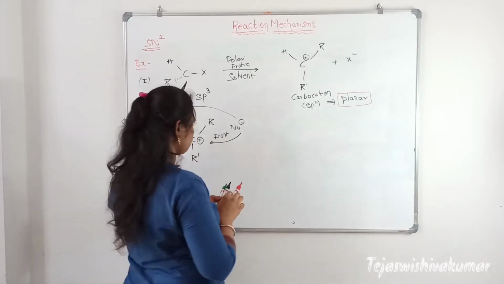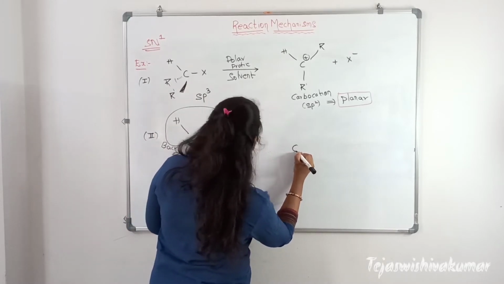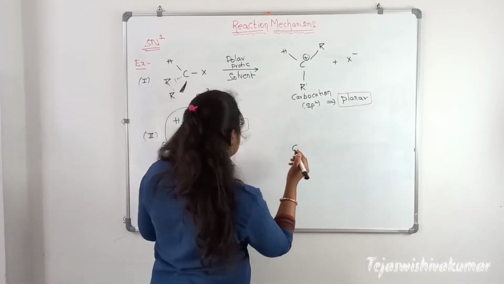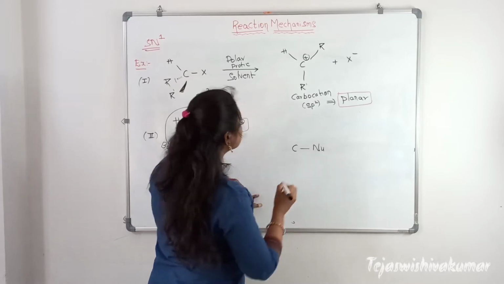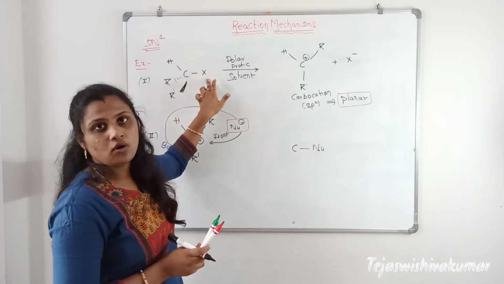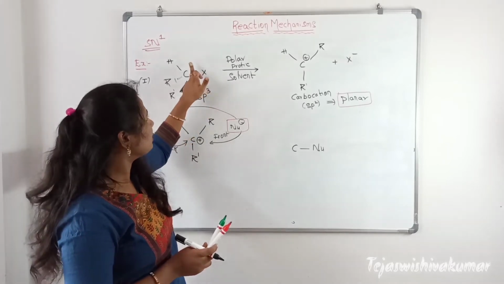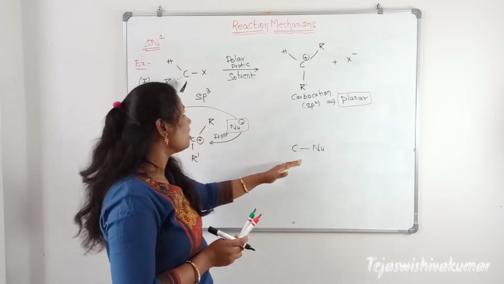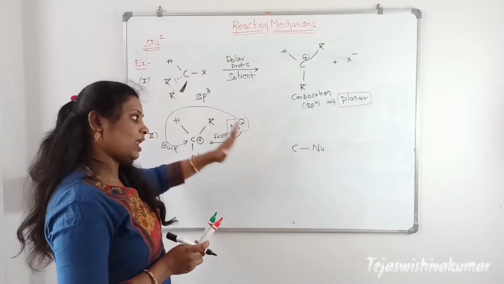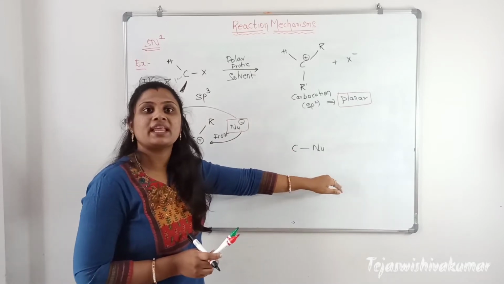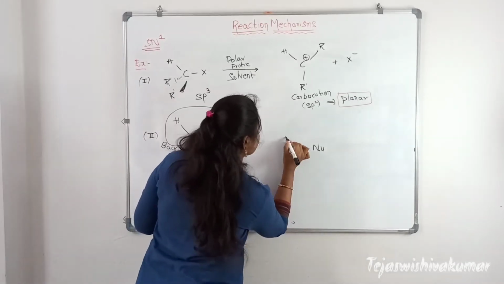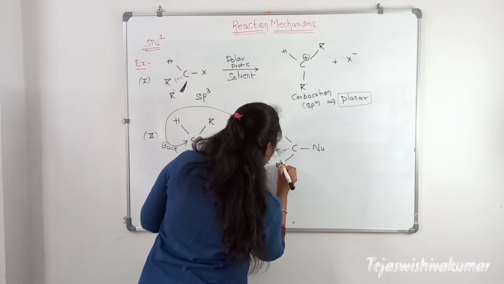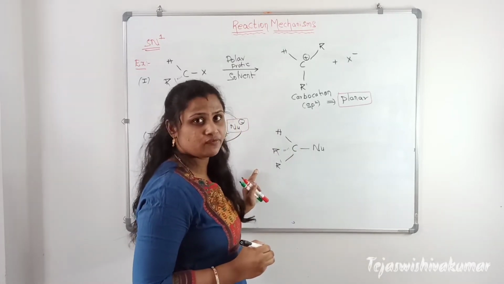Now let us see. This is carbon. Now if the nucleophile attacks from the front side, see first, the leaving group was on the front side in C-X, and the leaving group goes out and the nucleophile attacks in the same place. So when the nucleophile undergoes front attack, the other 3 bonds remain exactly the same, because the nucleophile attacks the front side like this, same, R dash. So can I call this retention of the configuration?